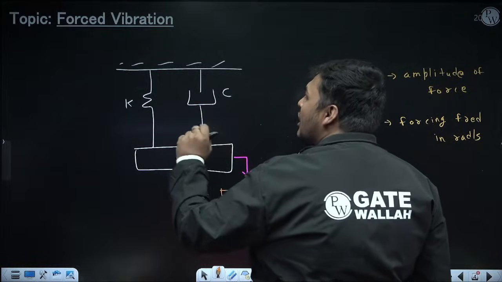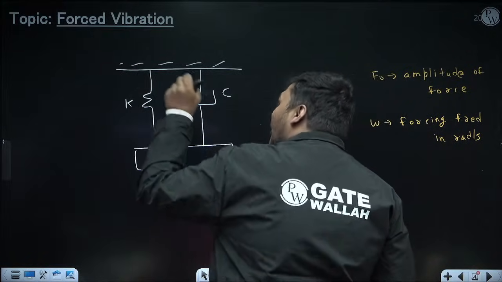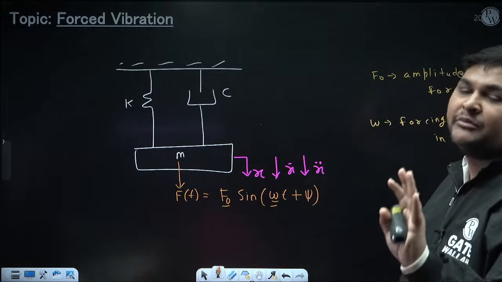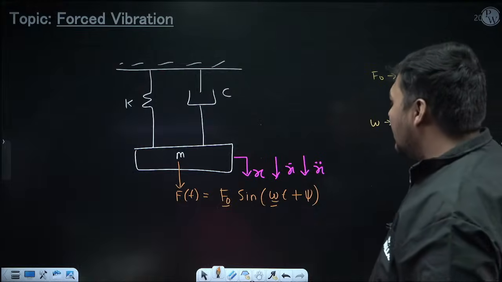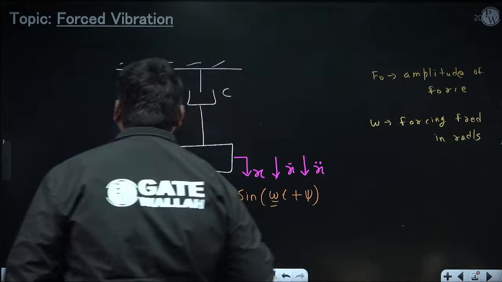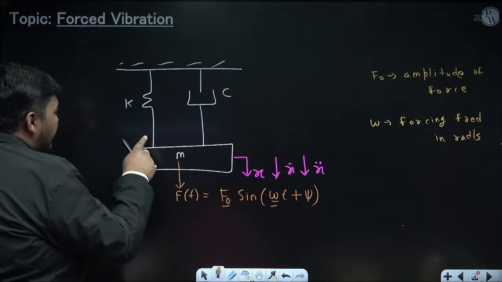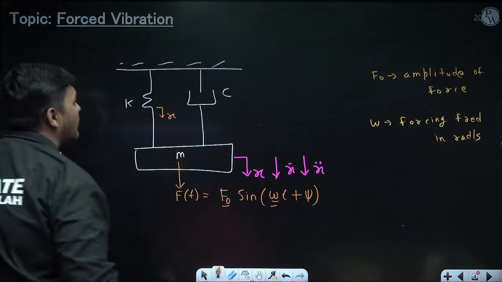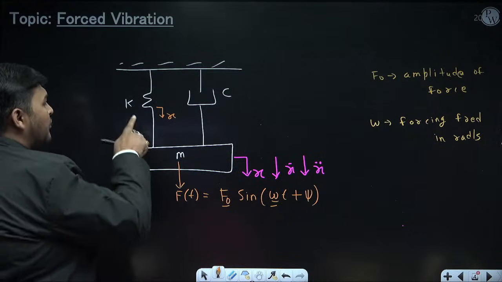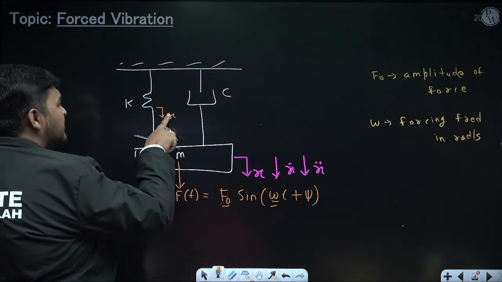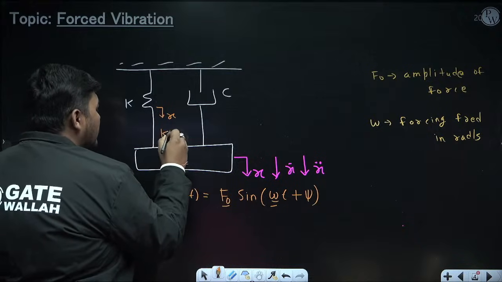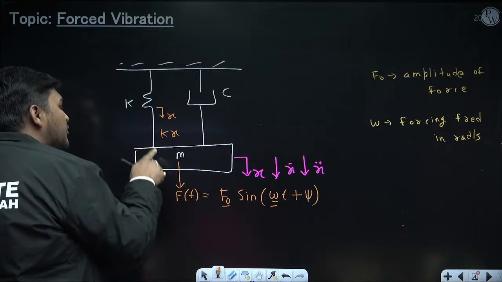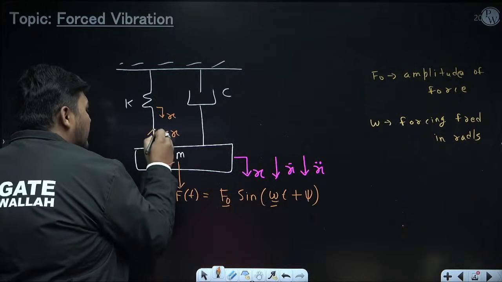Only I will see what the deflection of the spring from mean position is. Right now the displacement of the mass from mean position is x and the spring is directly connected to the mass, so the displacement of the spring from mean position will also be x. So the restoring force will be stiffness of the spring K times displacement x, that is Kx. On the body of mass, it will be opposite to x. Right now x is downward, so it will be upward.